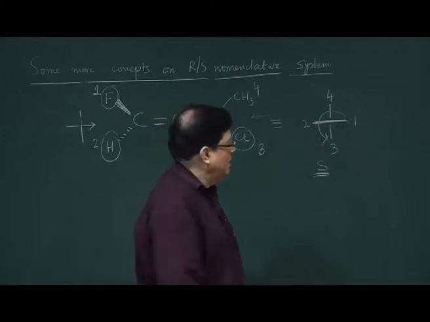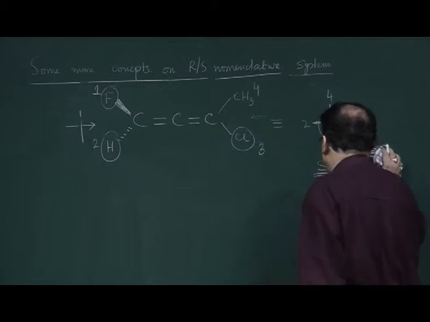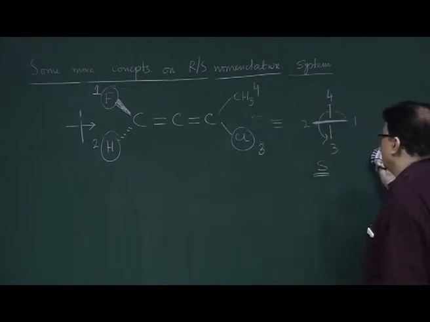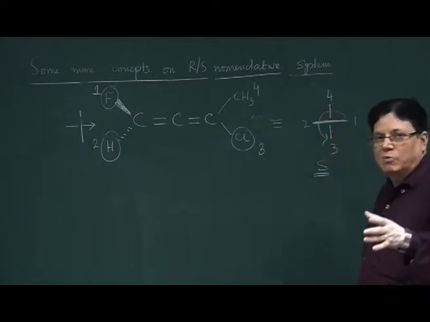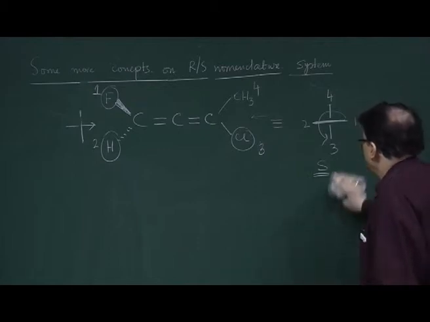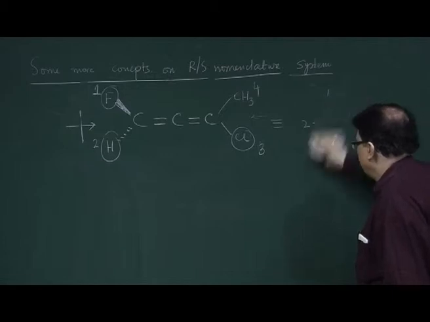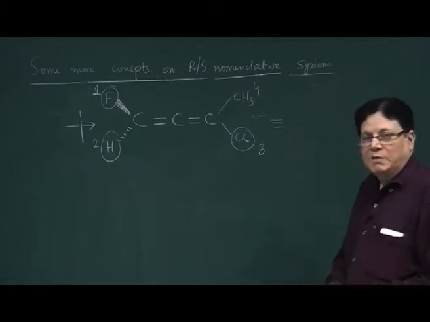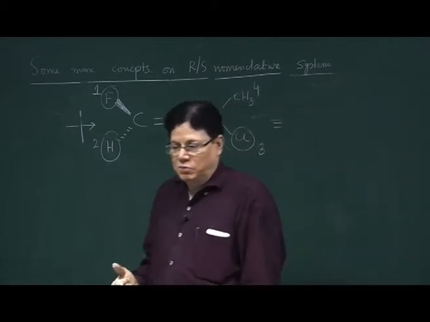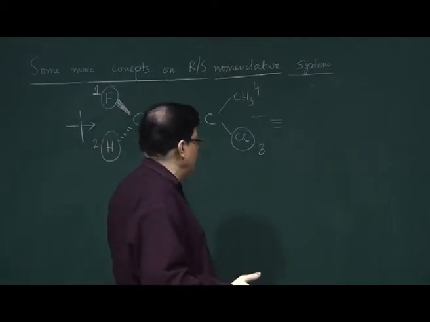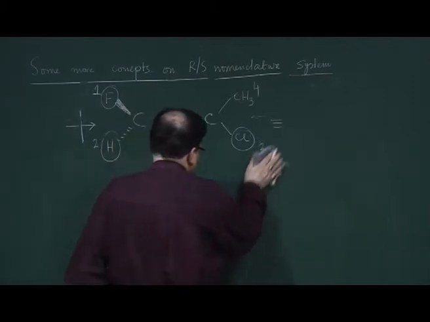Okay. It is always at the back. In Fischer projection you have to be careful whether the fourth group is occupying the horizontal or the vertical position, but here you do not have to bother about that, because the fourth group is always away from the observer, even if it is occupying a horizontal position.